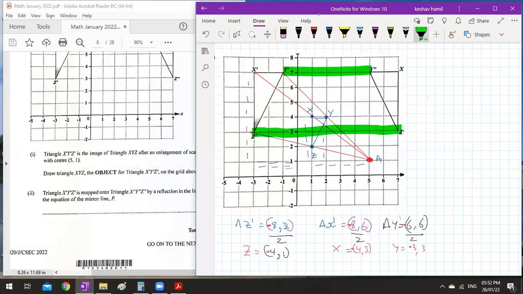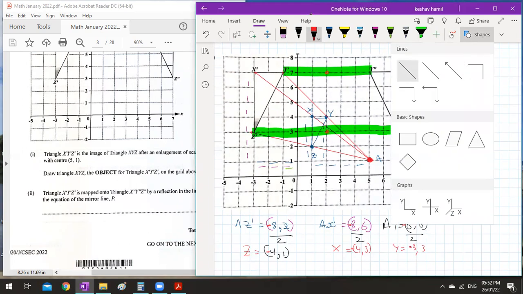You could use X and O2, but it's not necessary. So half the distance, we have 1, 2, 3, 4, 5, 6 boxes. Half will be 3. So 1, 2, 3, which is here. Same thing here. We have 1, 2, 3, 4, 5, 6, 7, 8, 9, 10. Half will be 5. It should be here. And you just draw a line.